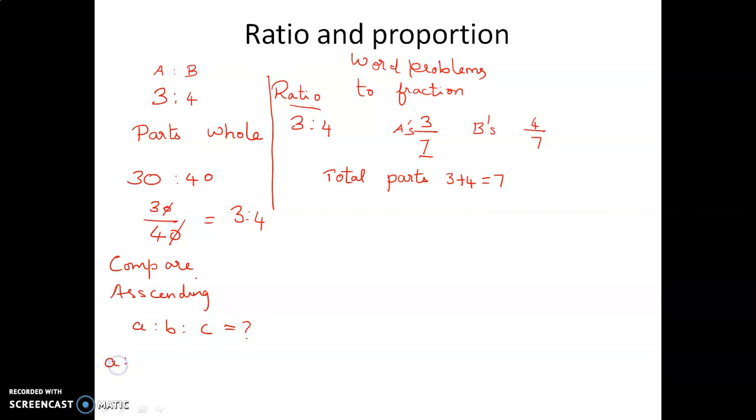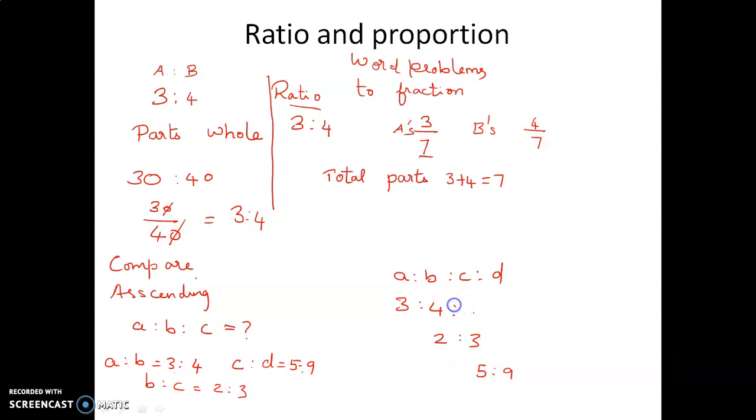So A:B is 3:4 and C:D is 5:9. I will ask you to find A:B:C:D. Do you remember? In between we will have B:C as 2:3. You will write A:B:C:D, and A:B is 3:4, B:C is 2:3, C:D is 5:9.